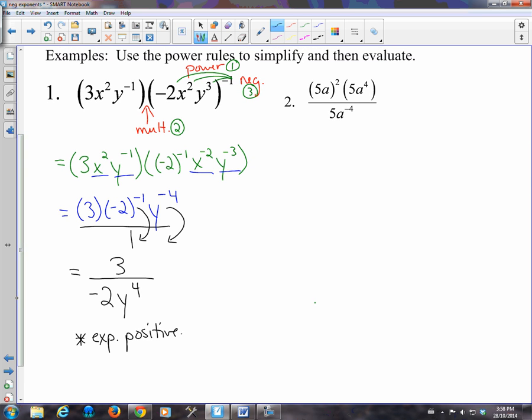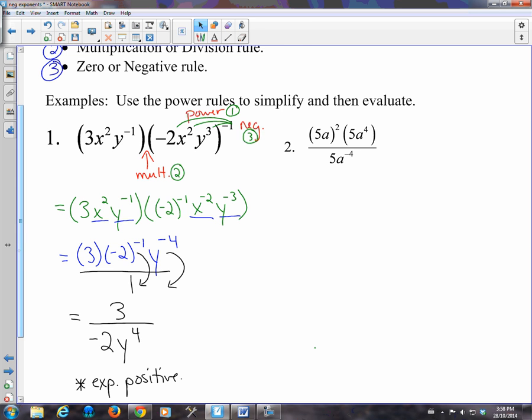If we look at our second question, I see I have a power to a power, I have multiplication, and I have division. I have to do the power rule first, then my multiplication, and then my division. So if I do my power rule first, everything in the bracket gets squared.